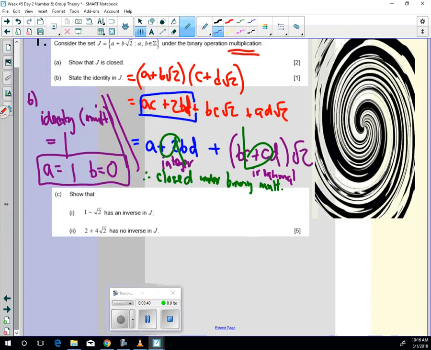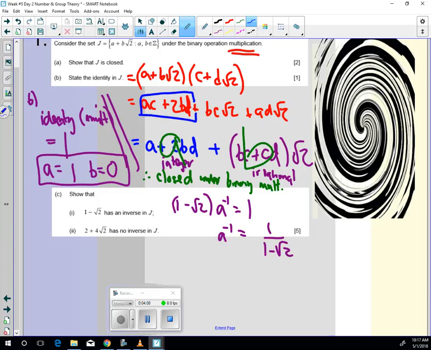Okay. Does 1 minus square root of 2 have an inverse? Did you go 1 minus square root of 2 times a inverse has to equal the identity? What was the identity? 1. So a inverse is going to be 1 over 1 minus square root of 2. How many got that far? Awesome. Then what are you going to do?